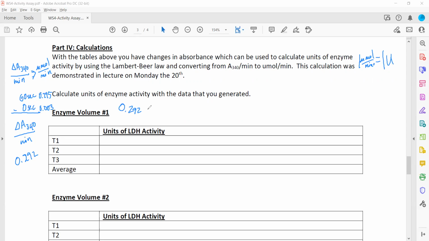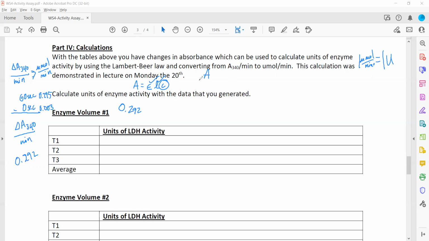I don't really have to worry about my time factor though. What I can do is use the Lambert-Beer law, A equals ELC, and I need to rearrange this to solve for concentration because I have my extinction coefficient and my path length.